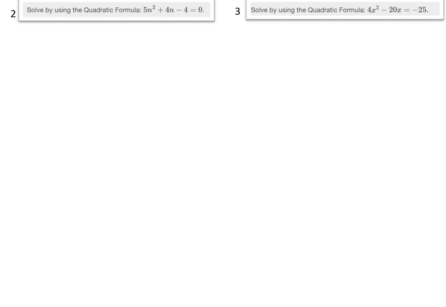Now we have one more equation, that is, solve 5n square plus 4n minus 4 equal to 0. So here a is equal to 5, b is equal to 4 and c is equal to negative 4. Okay, so just plug in the values here.